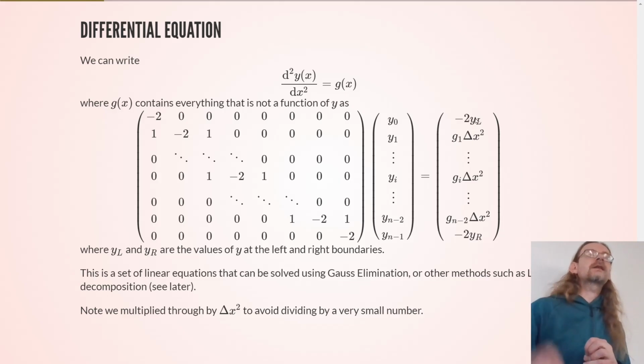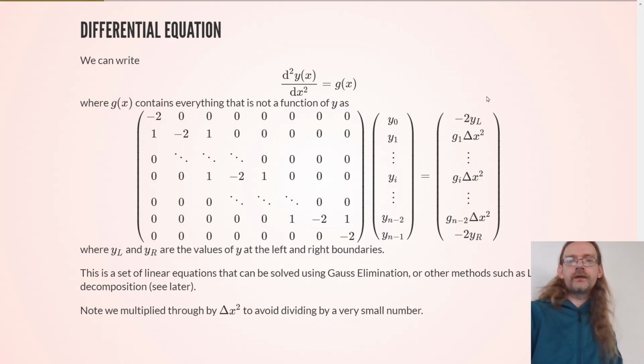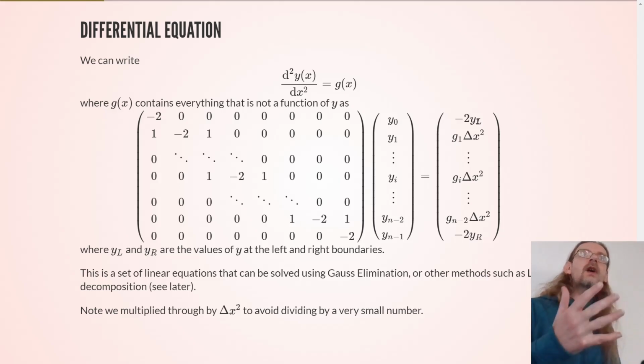On my right hand side, in this matrix that I specify, everything apart from the top and bottom rows is the value of this function that we're given, evaluated at the different x values. But the top and bottom rows are -2 lots of what this function should be at the left and right hand side, which should be told to us in the question. That should be the boundary conditions of the question.